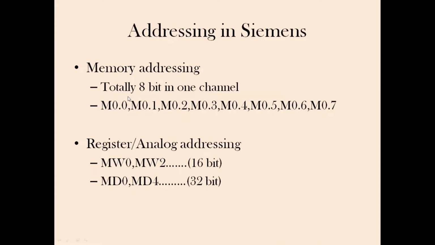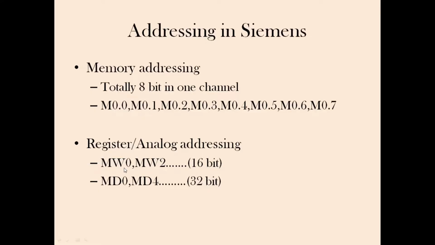How about analog? How about the register address? For example, instead of a bit, you have an integer number. How are we going to store that? Obviously, an integer will take 16 bits. We have discussed in the previous slide that an integer will take 16 bits to store the value. In that case, we will refer to that as MW0.